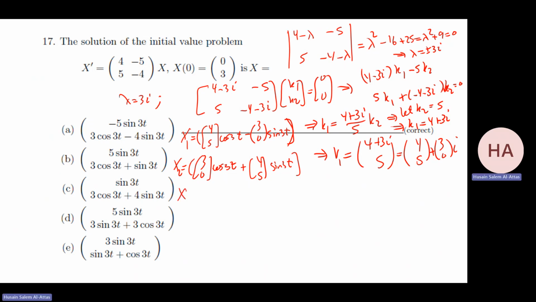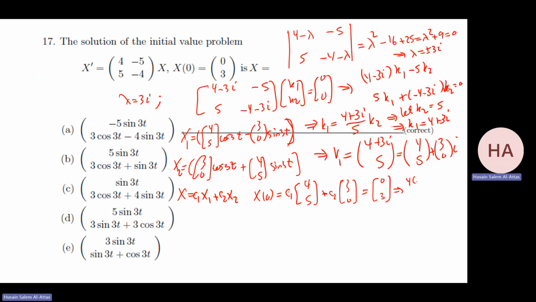I have x will be c1 x1 plus c2 x2. So I have x at 0. Yeah, be careful. It will be c1 times what? Cosine 0 is 1, sine 0 is 0. So I have 4, 5 plus c2, 3, 0, that equals 0, 3.